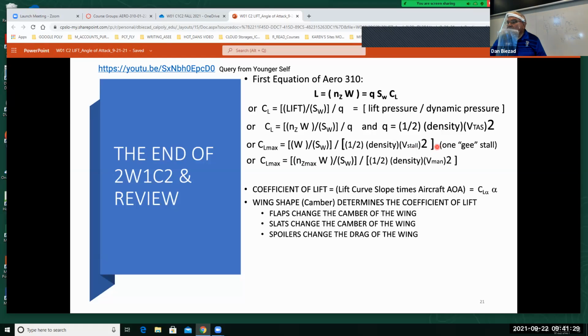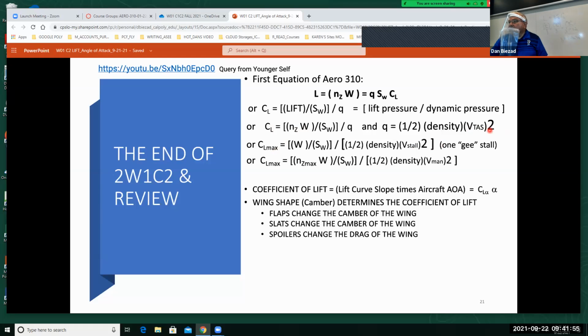That 4 is going to end up in the numerator, which means I can pull 4 Gs. The CL max equation will still be balanced. If I put twice the speed in here, it comes out as a 4, and CL max will then allow me to pull 4 Gs at twice the stall speed.